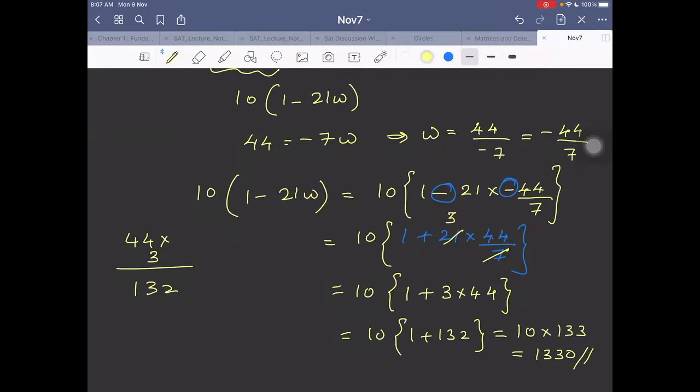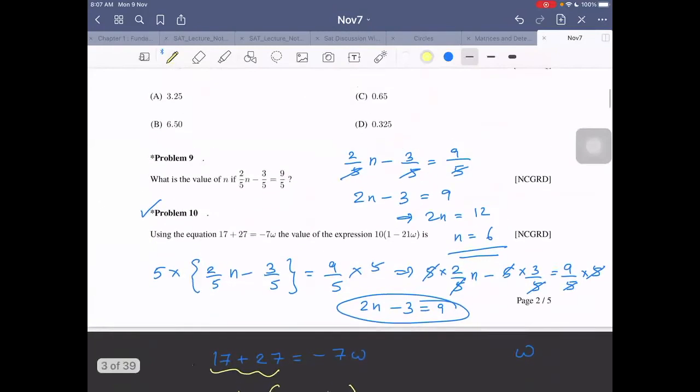Yeah. An alternate approach: when you look at the question, you have minus 7 omega here and you have minus 21 omega here. Do you realize that minus 21 omega is nothing but 3 times minus 7 omega?